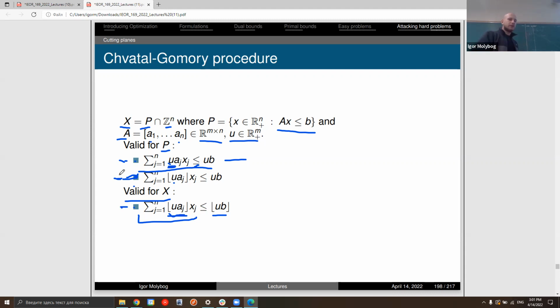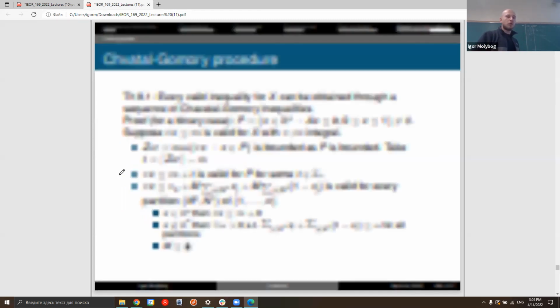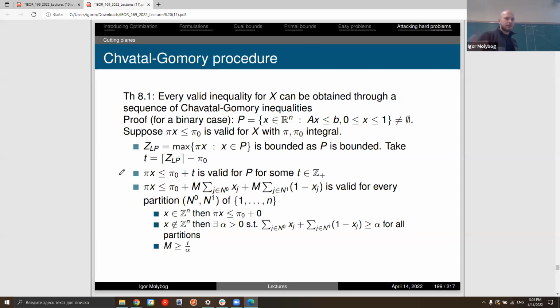So all of these inequalities are valid for P, and moreover, there's a theorem, theorem 8.1, that says that every valid inequality for X can be obtained through a sequence of these Chvátal-Gomory inequalities, applied one after another in a sequence.